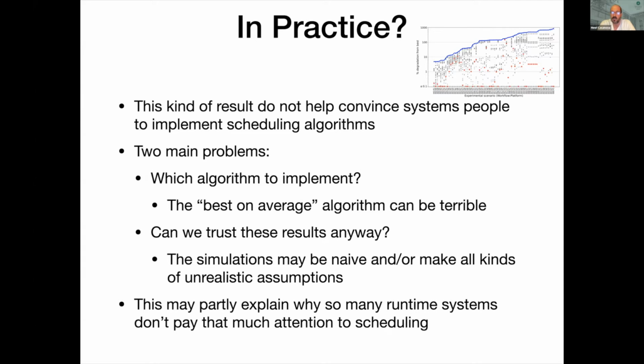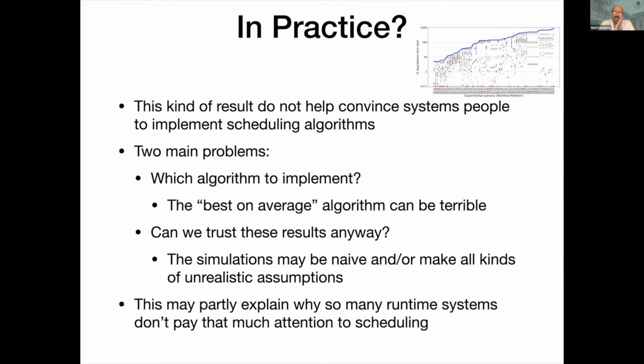What if I had done this over 400 algorithms, right? Clearly, there's going to be a case where the best-on-average algorithm is absolutely terrible. And that's just because scheduling is hard. And then can we trust these results anyway? The simulations may be naive and may make all kinds of unrealistic assumptions that may not apply in practice.